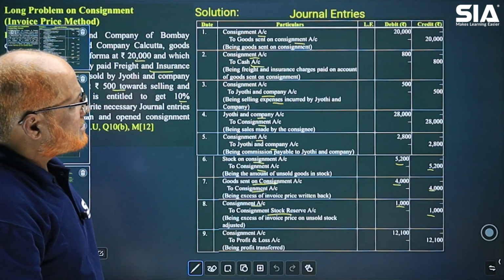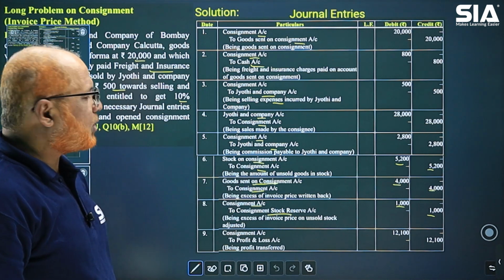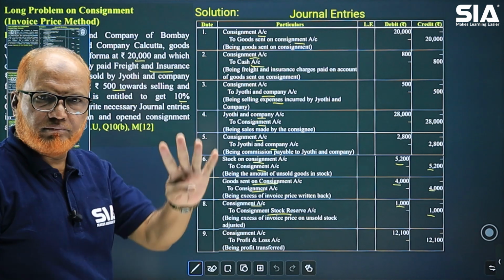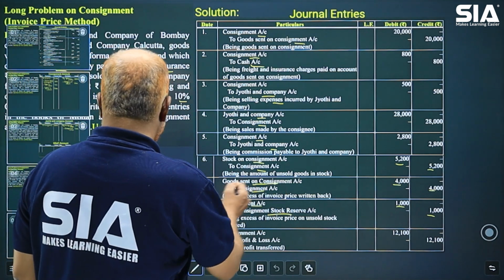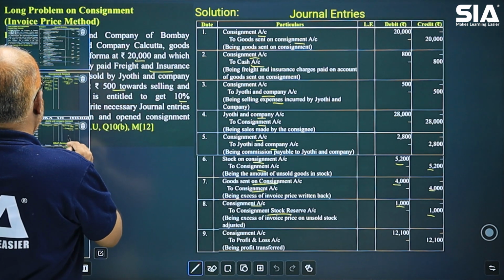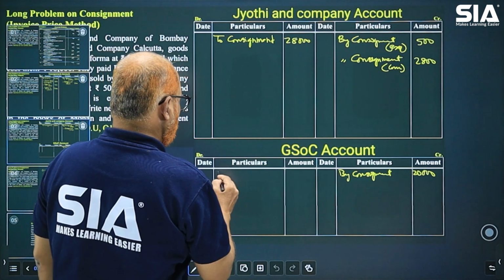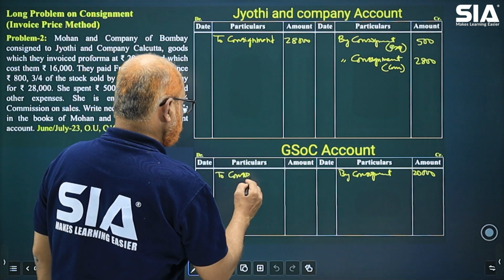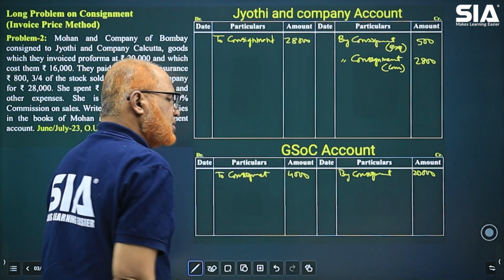Next entry is goods sent on consignment account debtor to consignment account. This is the entry for removing the loading, 4,000. So goods sent on consignment account debit side to consignment. How much loading? 4,000.